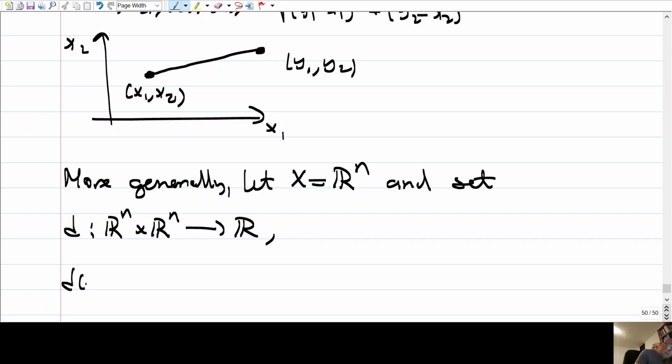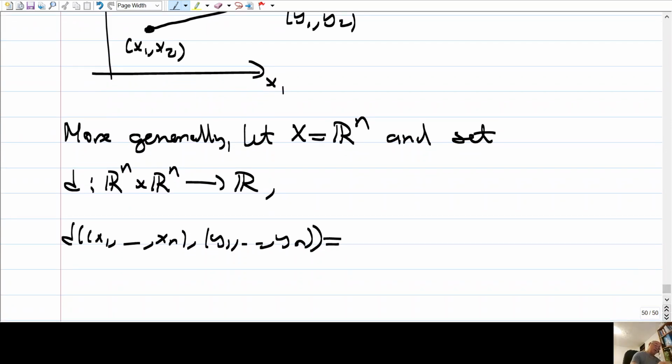D, let's say x1 up to xn, y1 up to yn. So I have 2 n-tuples. Each represents a point in Rn, and this distance is defined to be the following expression, the Euclidean distance between these 2 points.